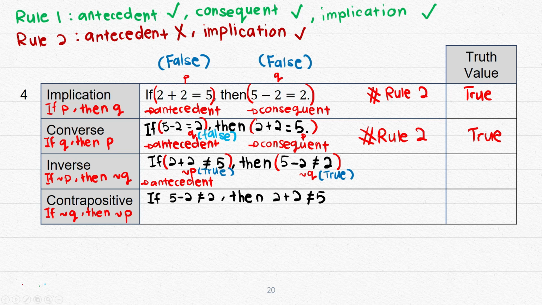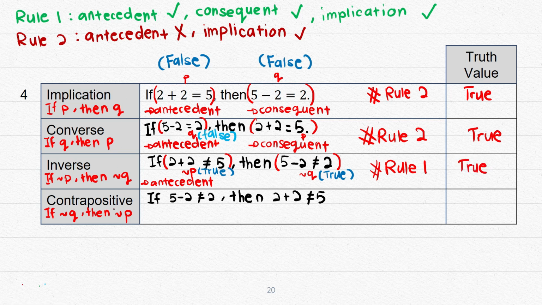In this inverse, the antecedent is true and the consequent is also true, so is the inverse true or false? True. Yes, this will become true.